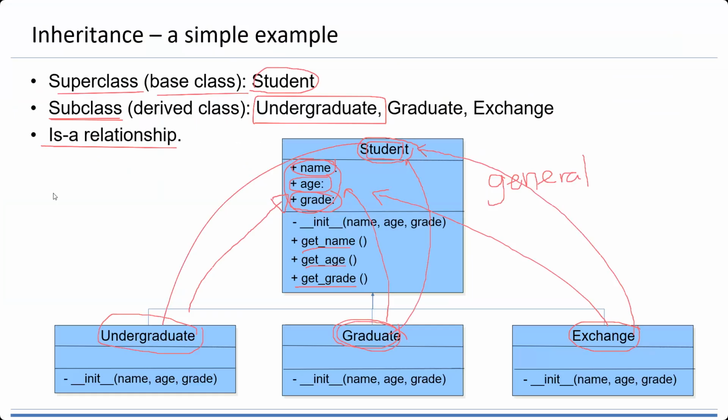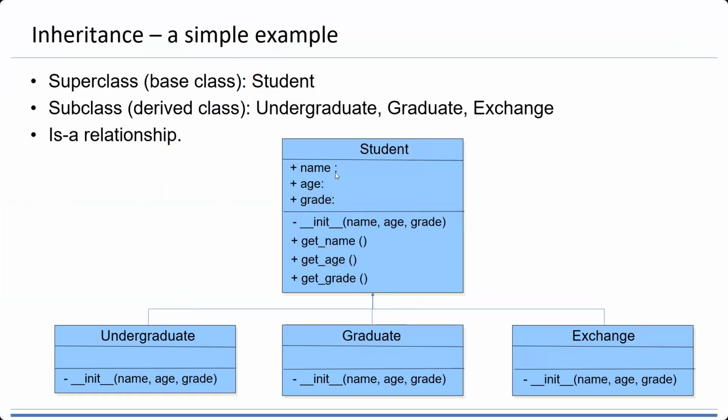And in order to do this, we can create it like this. It means this is a new class, this is another new class, and this is another new class. Whenever you create the undergraduate student, you need to refer to the constructor from the superclass.